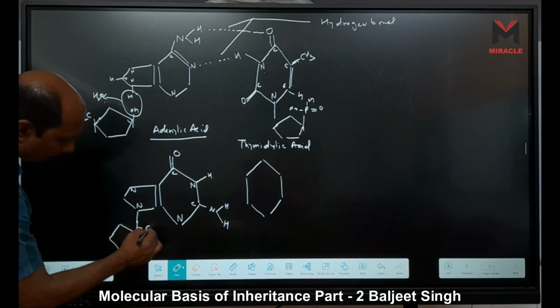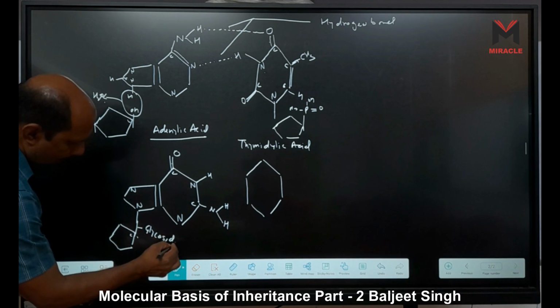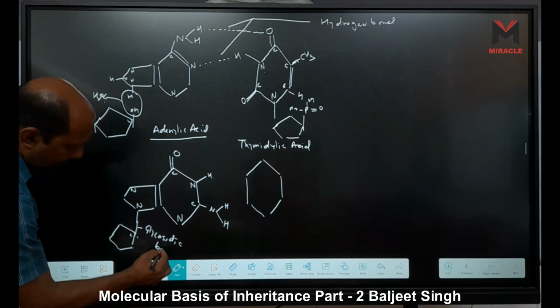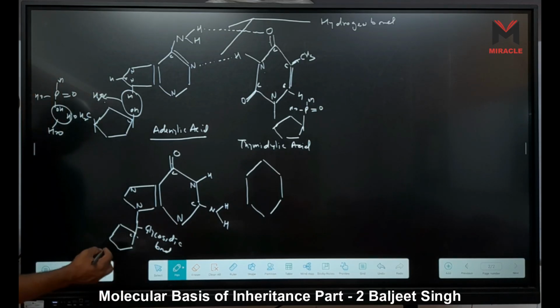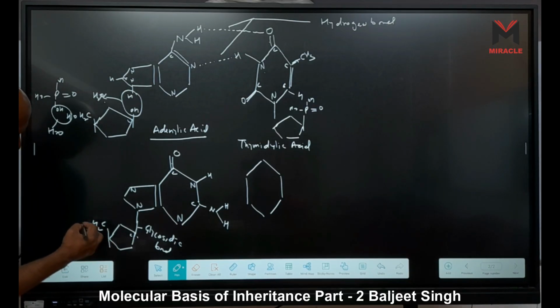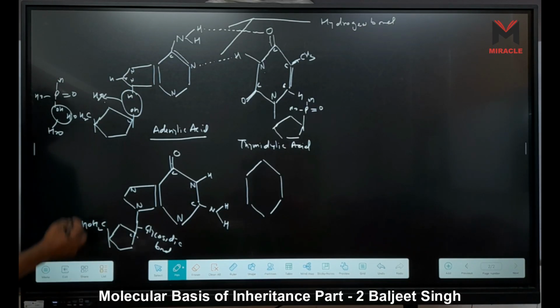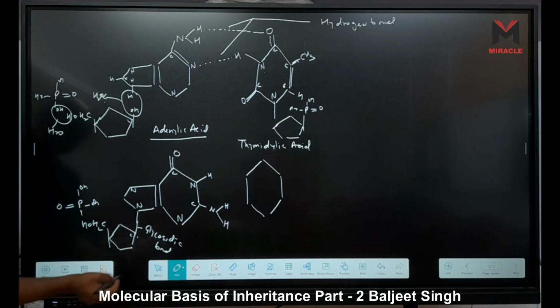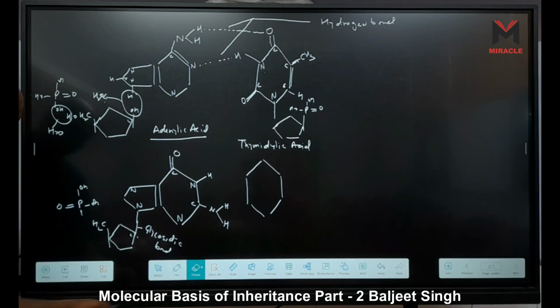It is a glycosidic bond, right? And this side, it is the 5th carbon, CH2OH. It binds with phosphoric acid, that is POOH. Okay, I remove this one, right? You understand?